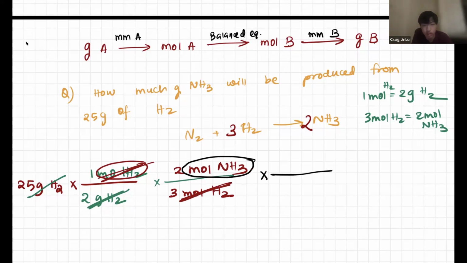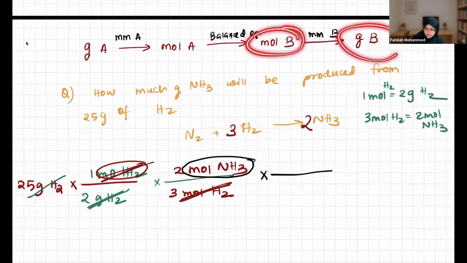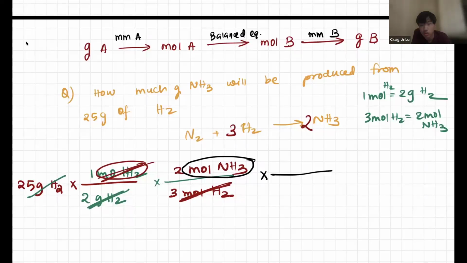And now we need to get the grams. What relation do we use now? We use molar mass. Write down the relation first. It should be around 20. No, 1 mole of NH3 should be equal to around 17 grams.